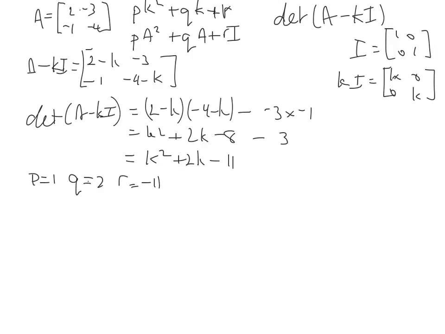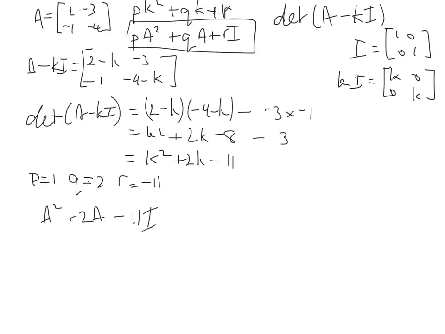Okay, now that we've got that, we can go off and solve this matrix. So we've got A squared plus 2A minus 11I.